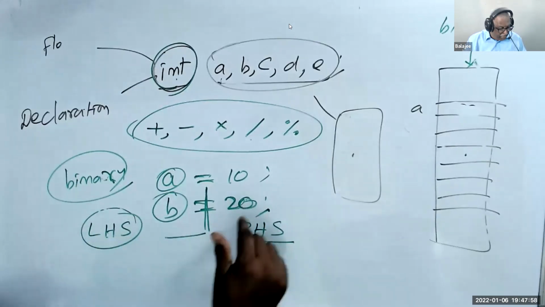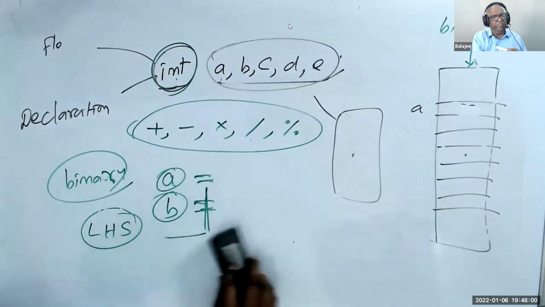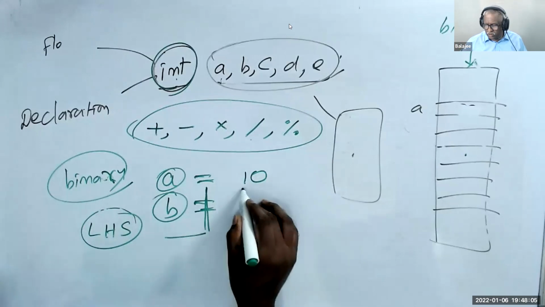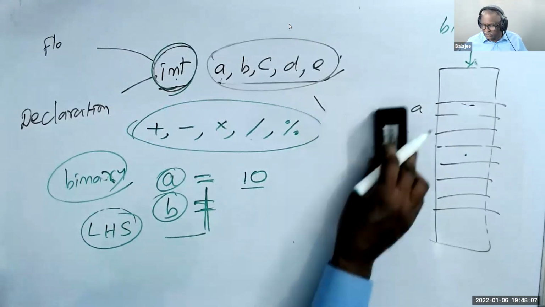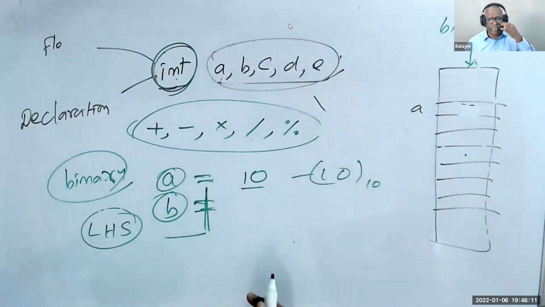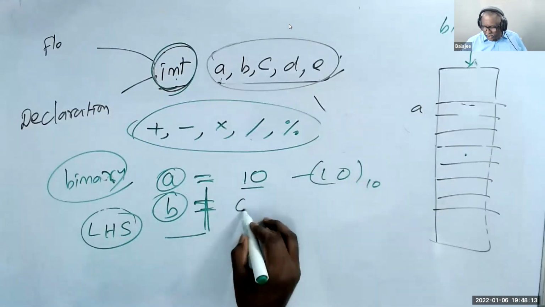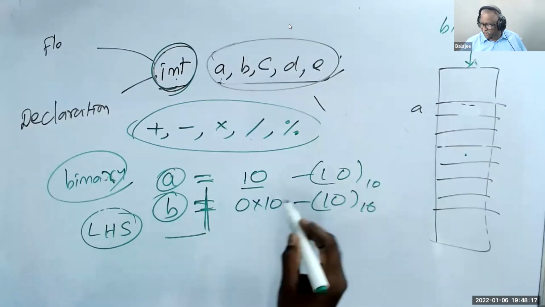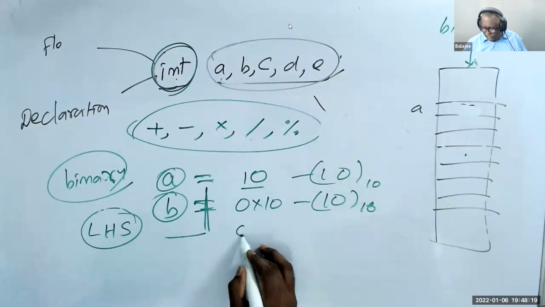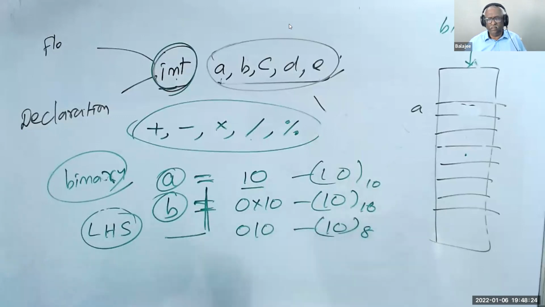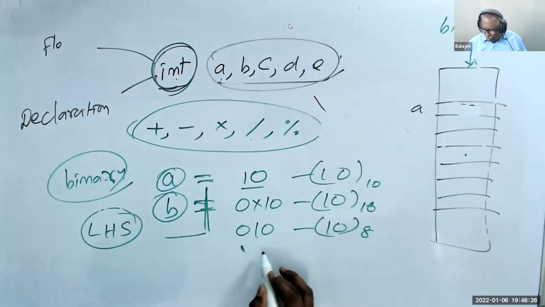The RHS can be anything. It can be 10. If you put it like this, that is called 10 decimal. Or it can be 0x10. That's called 10 hexadecimal. We'll discuss later in C language. Then 010. That is called 10 octal. Then we put within single quote 0. This is called symbol.